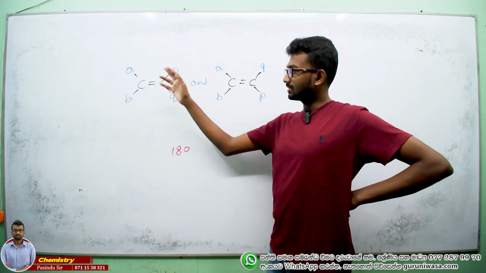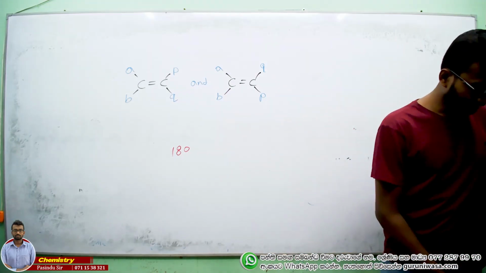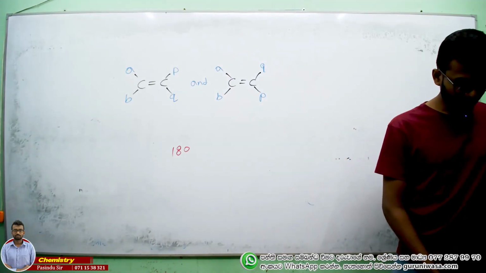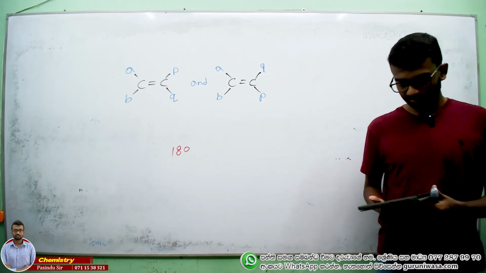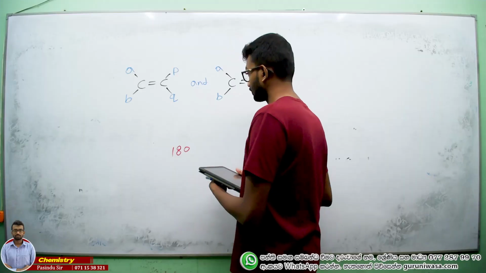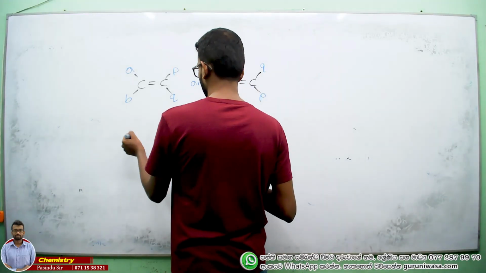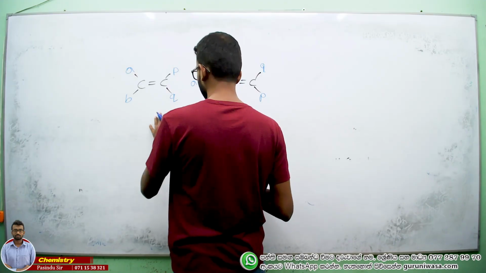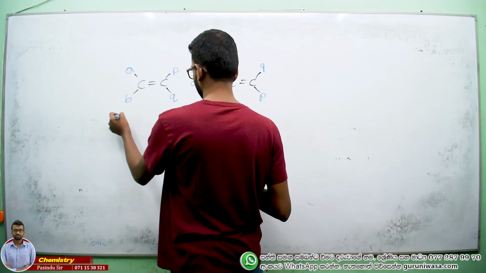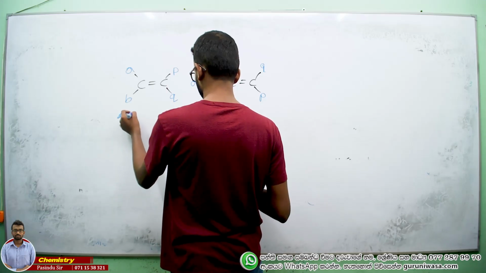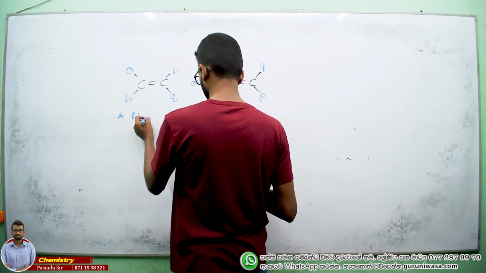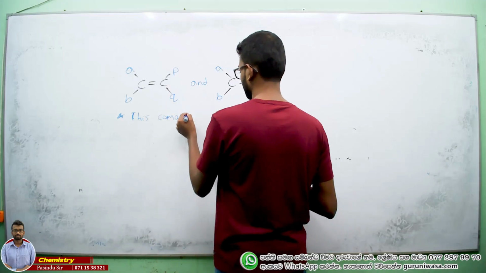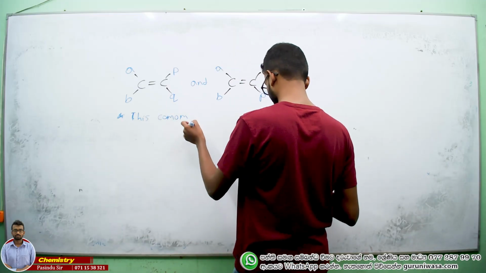If you get similar groups on the same carbon, let me give some examples. So these I'll write. These are diastereomers of each other.